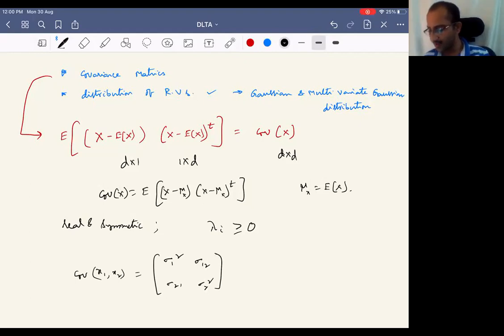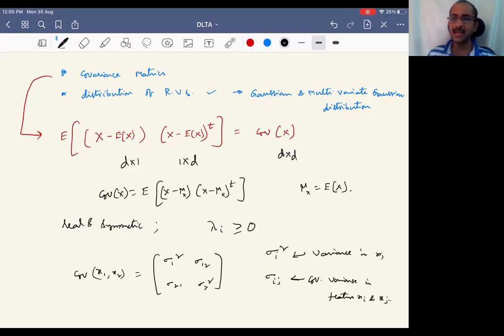Covariance essentially gives the variance along each feature dimension. We saw that in the previous class. Sigma 1 square captures the variance in feature x1, similarly sigma i square captures the feature variance in xi, and sigma ij captures the covariance between features xi and xj.